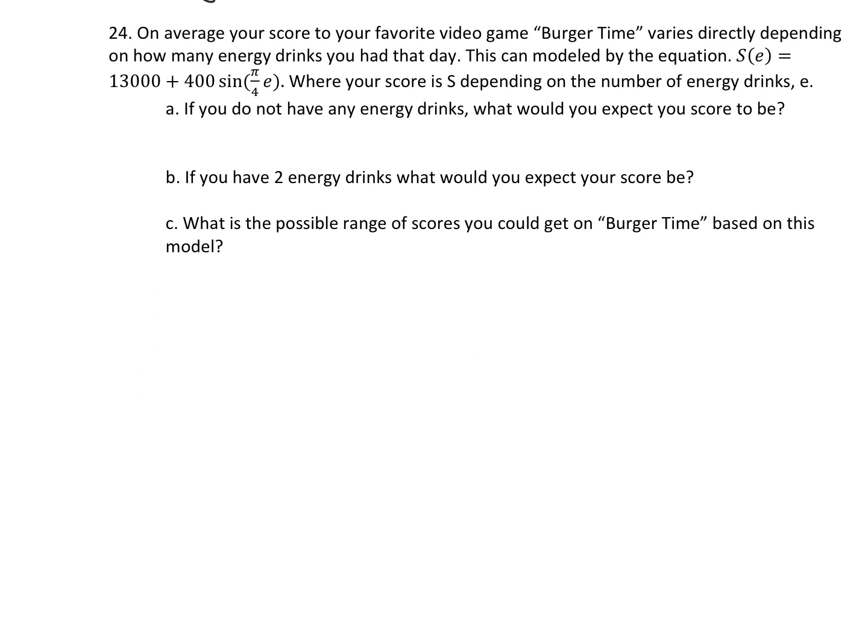All right, and then I think this is our last problem. So on average, we have this function here. It gives us this equation where E is the number of energy drinks and the entire equation is our score. So if you had no energy drinks, what would you expect your score to be? That would just be E equal to 0 in this case. So if I do that, I just get sine of 0, and sine of 0 is 0.